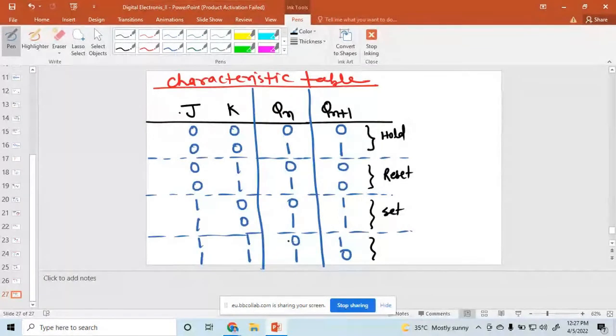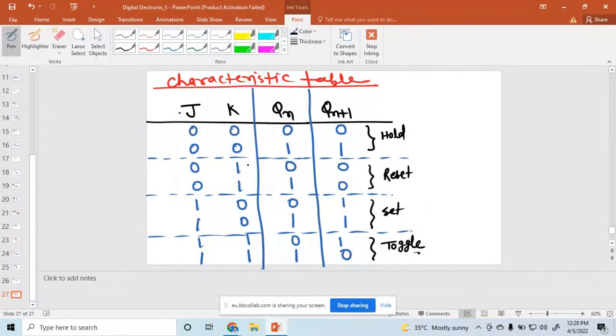And when the previous state is 0, the next state is 1, and when it is 1, the next state is 0, in the condition of J and K being 11. So this is called toggle. This is the characteristic table of JK flip flop.